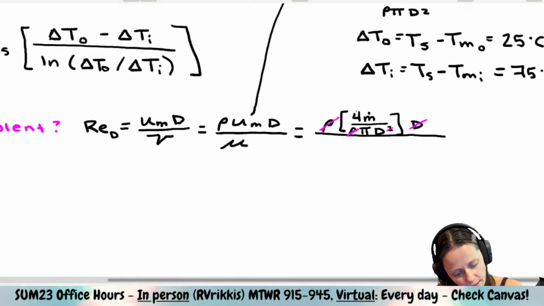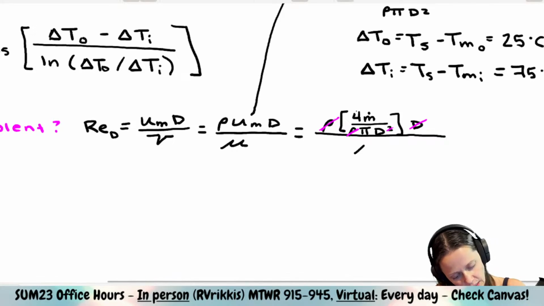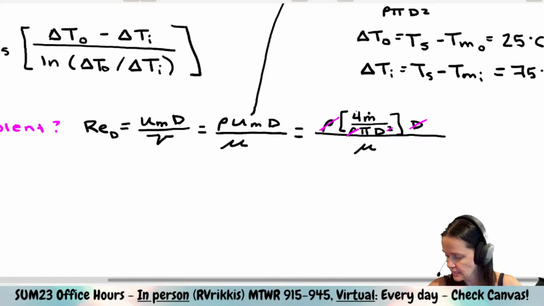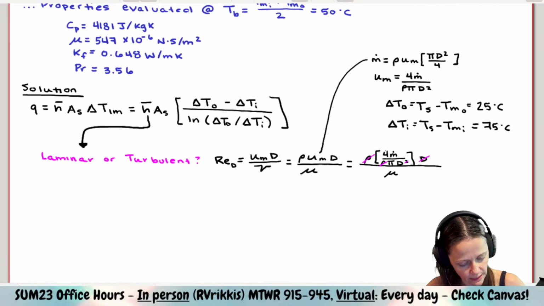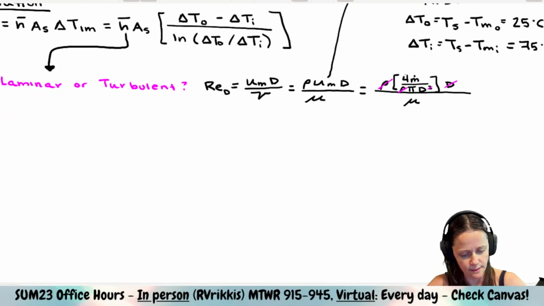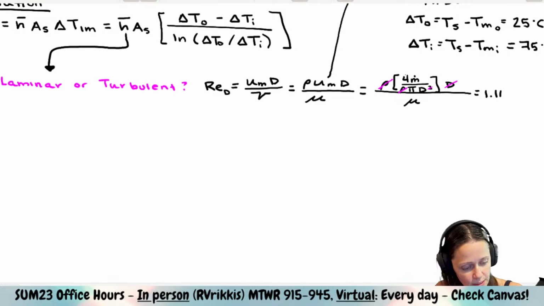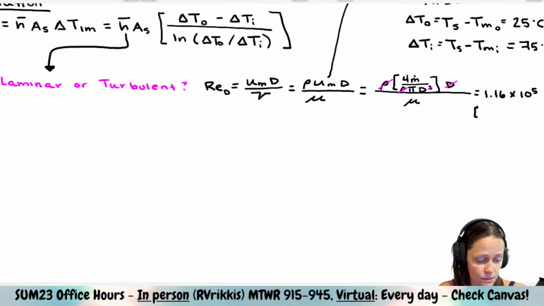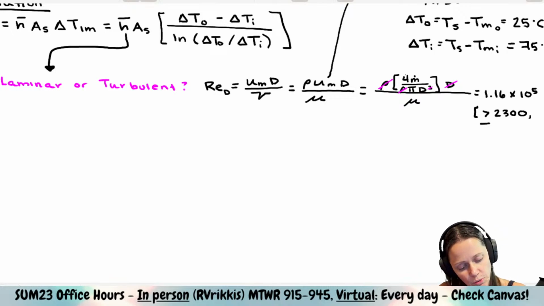And then I've got my dynamic viscosity down there. I think that's it, and I know all of that stuff, so it's just plug and chug. I've got 1.16 times 10 to the 5th. My critical Reynolds number is 2300, and this is greater than that, so it's turbulent.